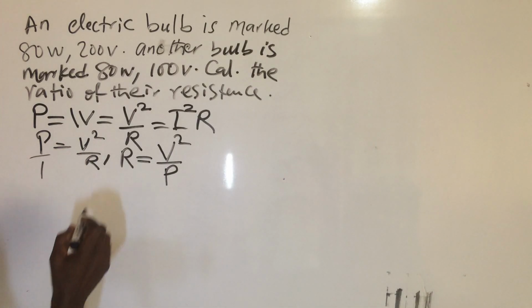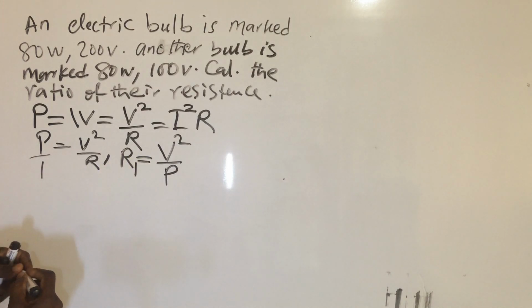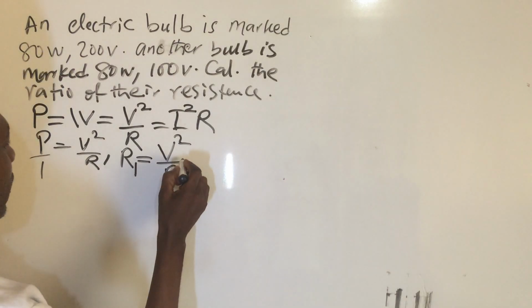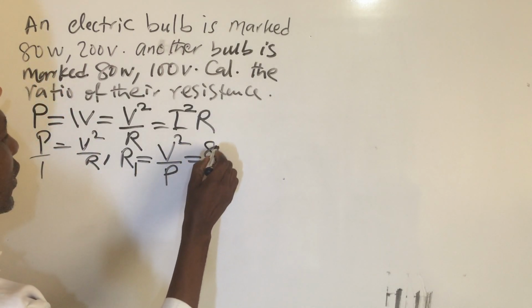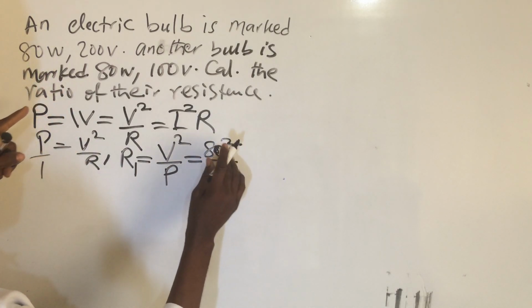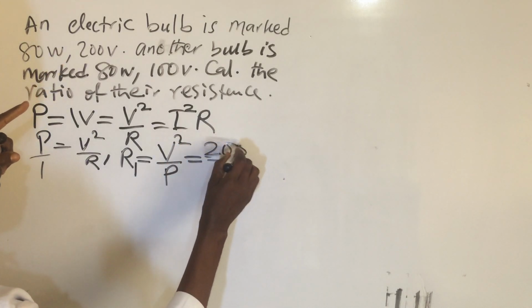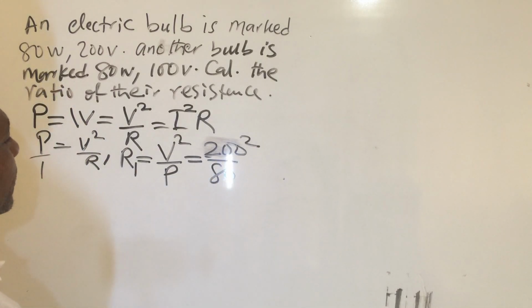Now let us call R1 the resistance of the first bulb, which has 80 watts and 200 volts, okay? Now, the resistance of the first bulb is, the voltage is 200 squared, over the power, which is 80.